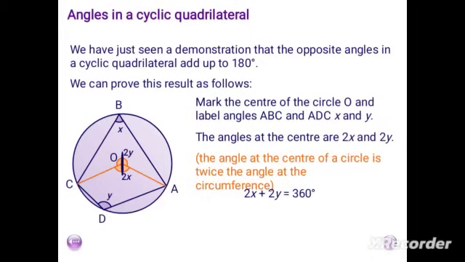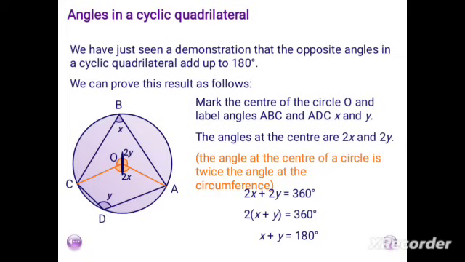So we have 2x plus 2y being equal to 360 degrees. So we can simplify this equation. So we have x plus y equal to 180 degrees.